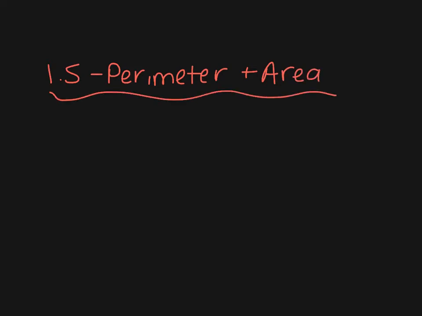And then in 1.5, we started to review perimeter and area. And the first three were the three basic shapes.